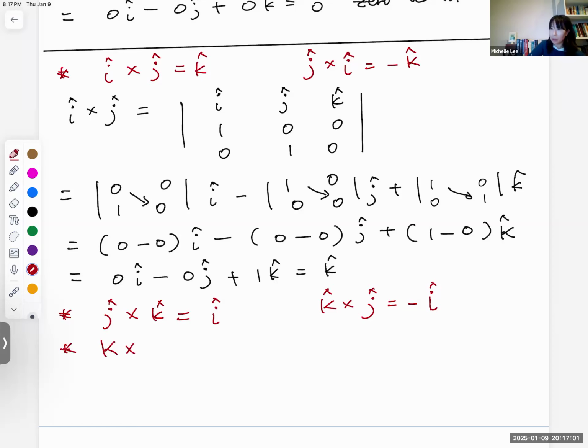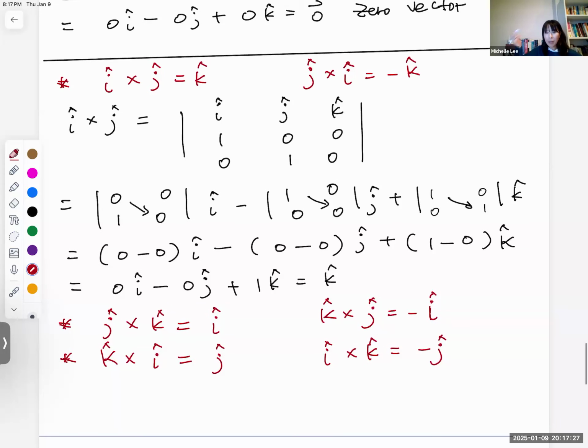K cross product with I equal to J. Then what do you get? This one. Ooh, reverse, right? Should be reversed. I cross product with K, then we get negative J, right?